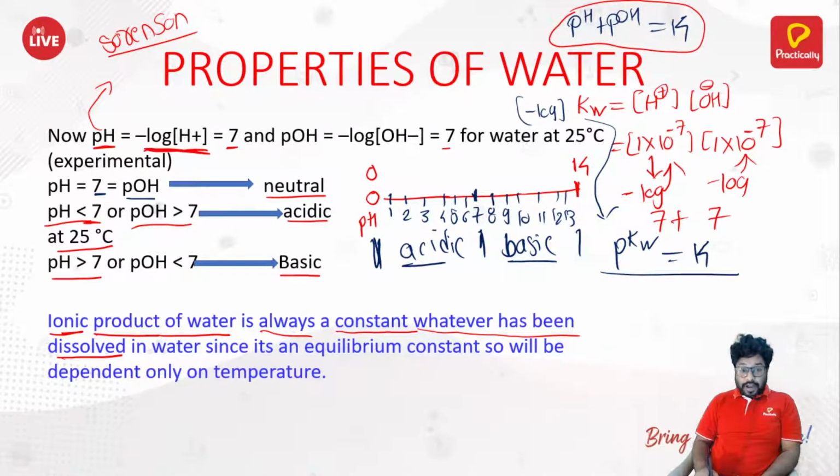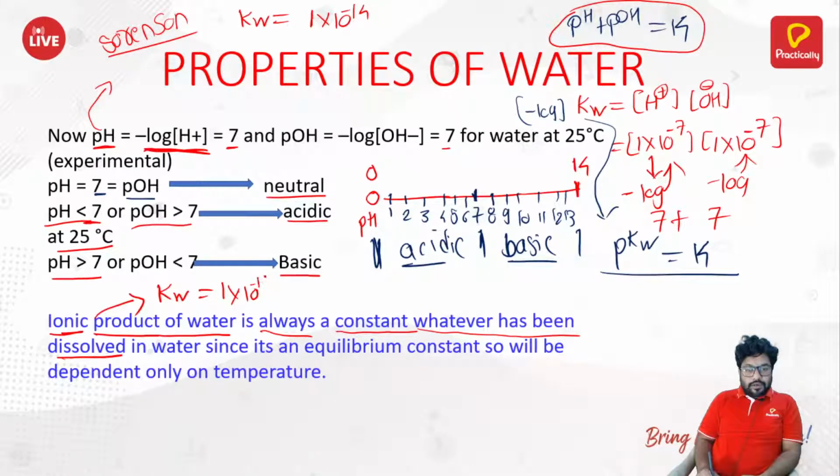Basically, Kw is equal to 1 into 10 raised to minus 14, and that is called the ionic product of water. So I will write it here: Kw = 1 into 10 raised to minus 14.